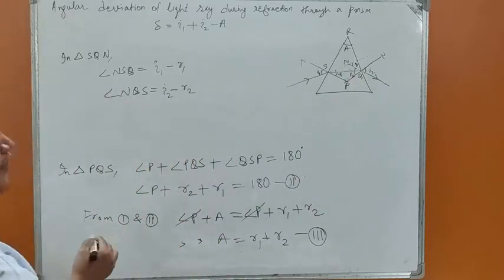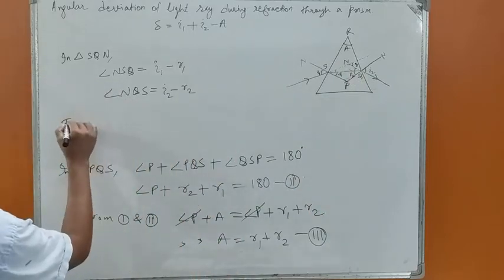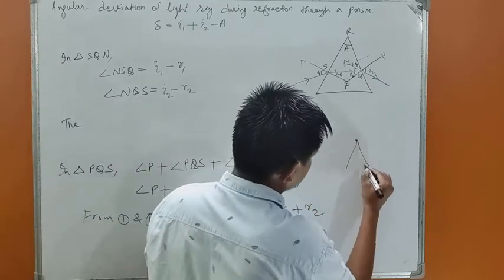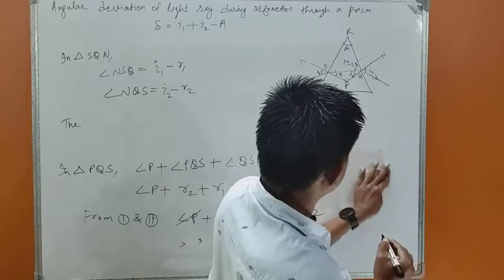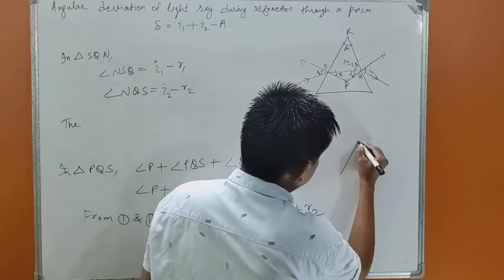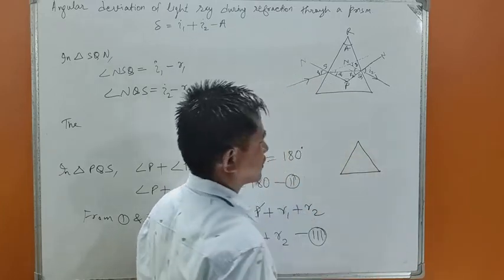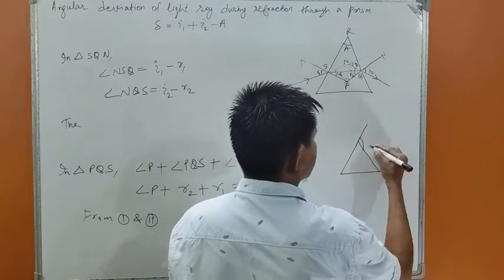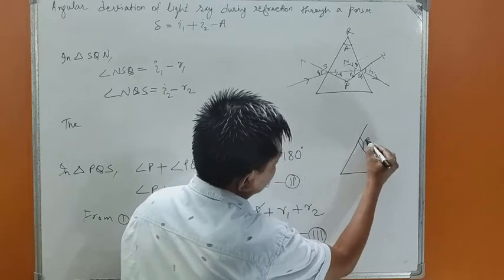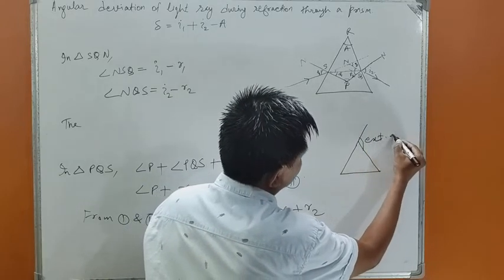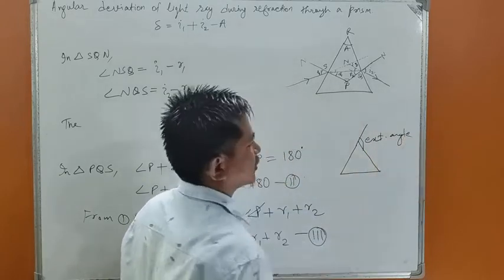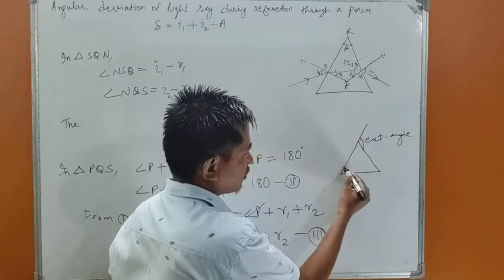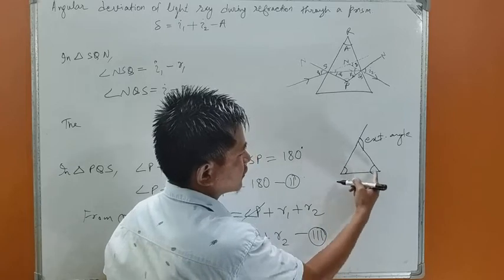So the external angle, you know that this is a triangle, okay. Let me draw properly. This is a triangle. I'm just giving an example, and this is called the external angle. We have a theorem in triangles: this external angle equals the sum of these two internal angles, okay.